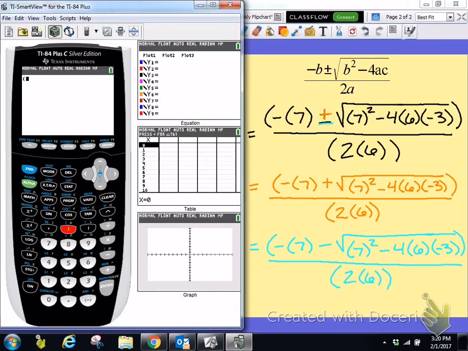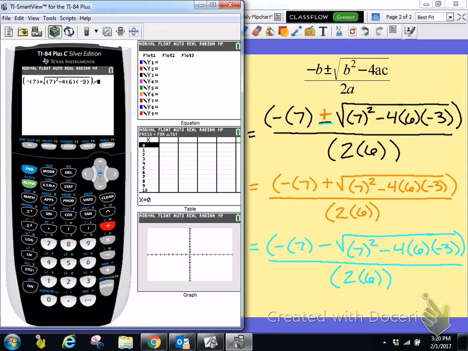I'm going to open parenthesis, negative, open parenthesis 7, plus the square root of 7 squared, and I'm going to close that parenthesis before I square it, 7 squared, make sure to click out of the exponent, minus 4 times 6 times negative 3, close. And see how that arrow is flashing on your calculator? I'm going to go ahead and arrow out to the right. Now I'm outside of it, and I'm going to close off my large parenthesis.